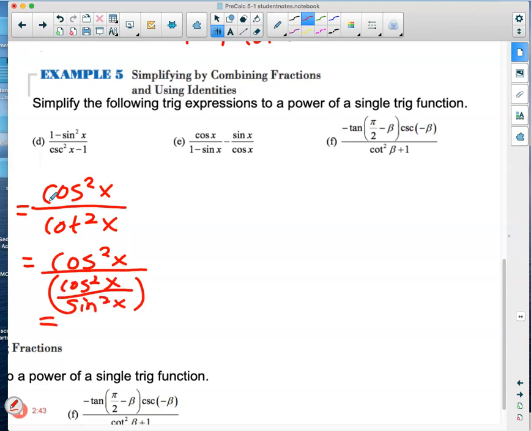And hopefully when you see that, you think, oh, yep, look what's going to happen here if we multiply by the reciprocal. Cosine squared x will cancel out. We'll have 1's up there, and sine squared x over 1 is sine squared x.